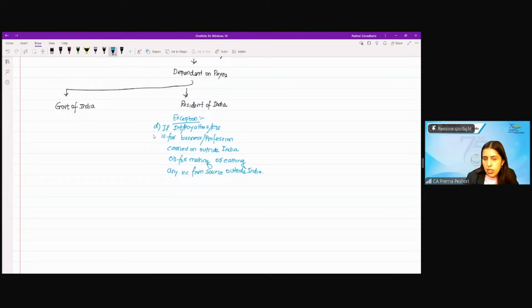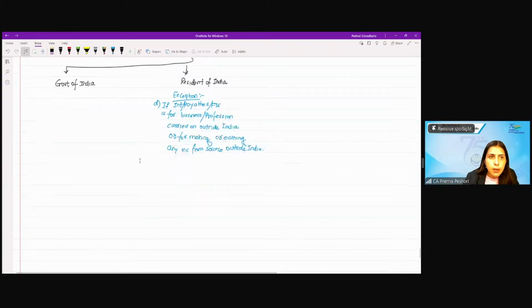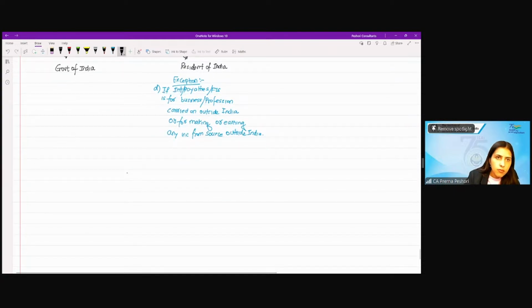Now, what does this mean? So, let's say, for example, there is one resident who has taken a loan from a non-resident and is making the payment of interest to this non-resident, right?